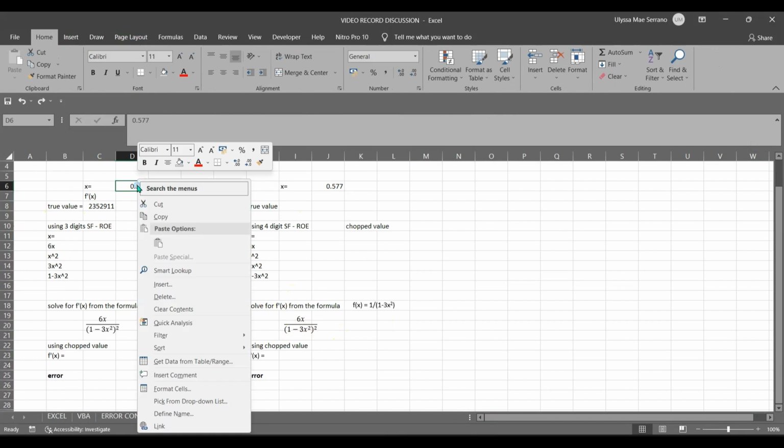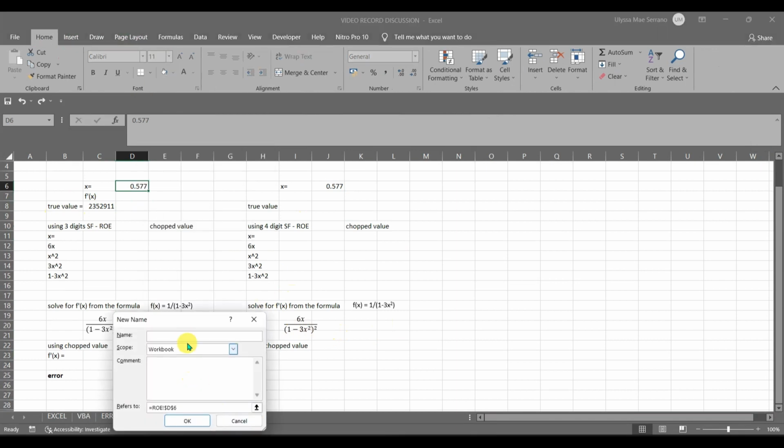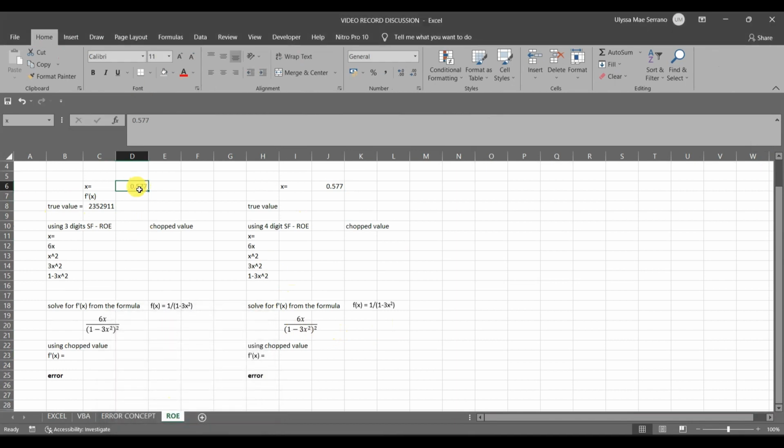We can simply define this para mas makita nyo. So, palitan natin x, 3x squared, squared. So, this is the true value.